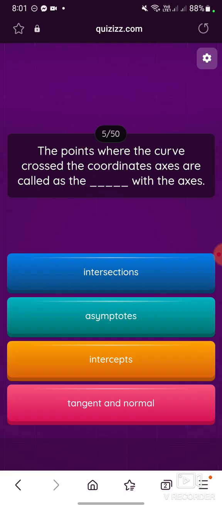The points where the curve crosses the coordinate axis are called the blank with the axis.